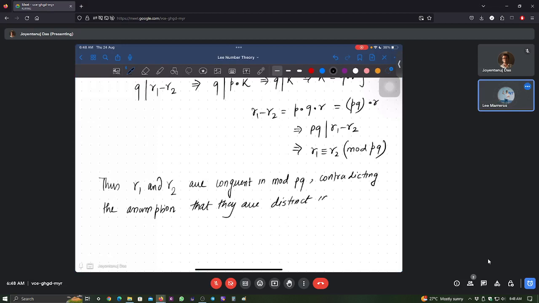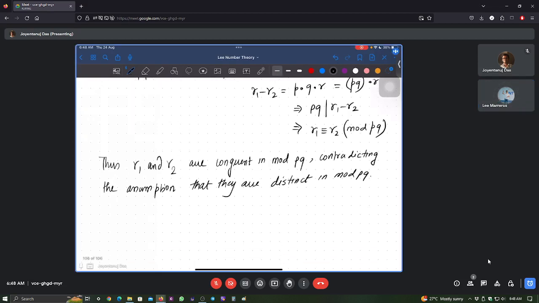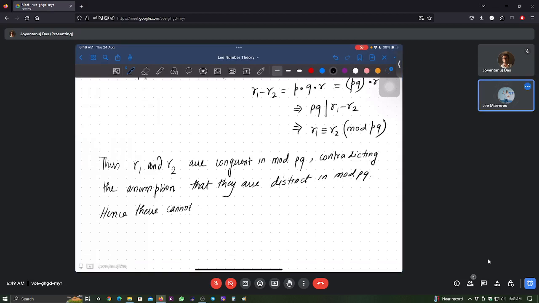So there cannot be five solutions. This implies the maximum number of solutions is four.